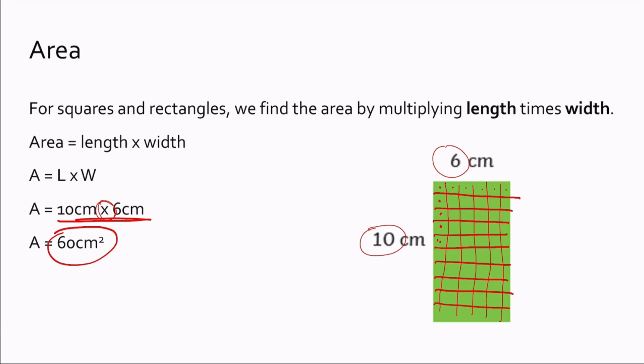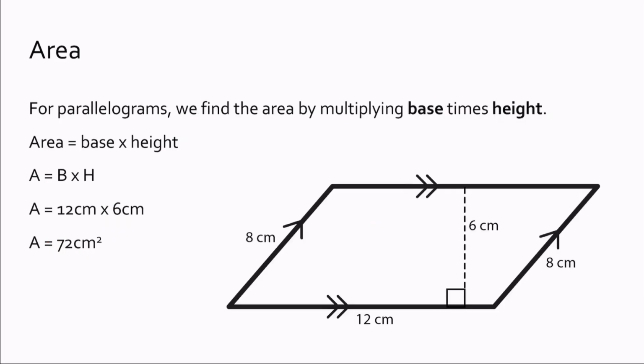Now, we're going to imagine these lines are perfectly straight. I have 6 centimeters by 10 centimeters. If I count up each of these squares, I would get 60. And this is how we're finding the area. It's just a lot easier to multiply 10 times 6.